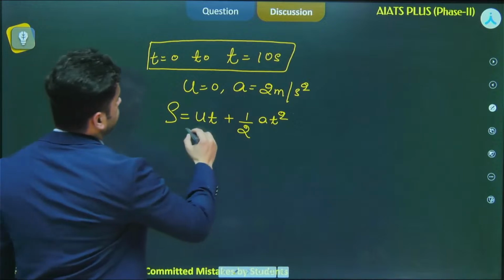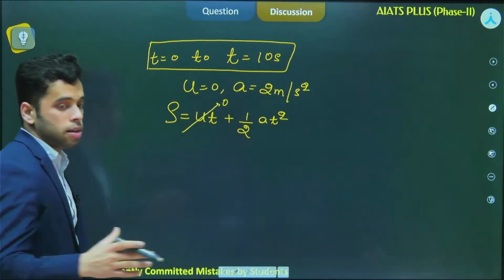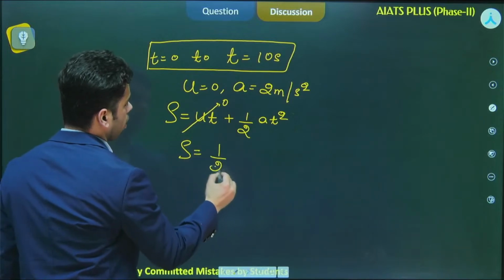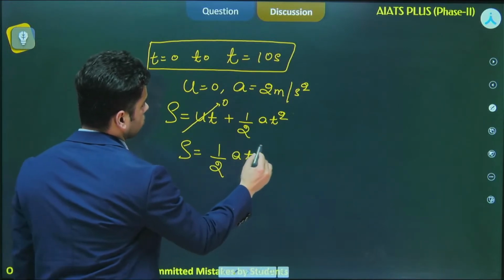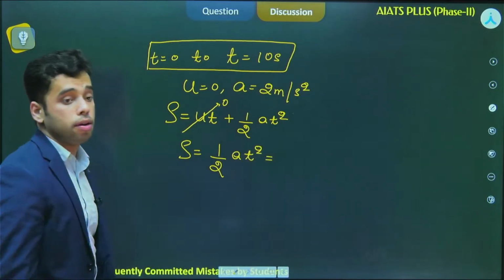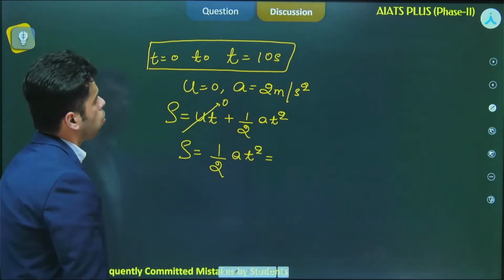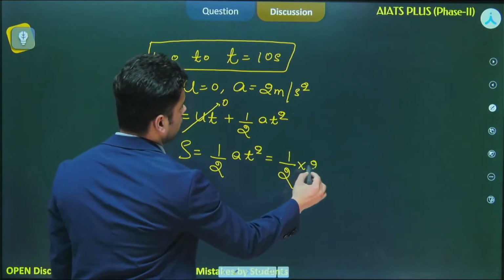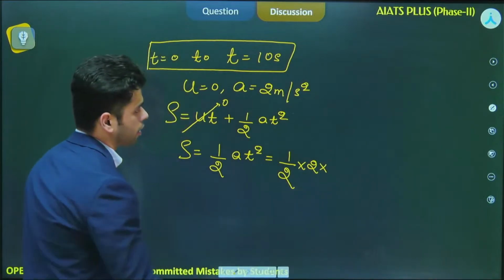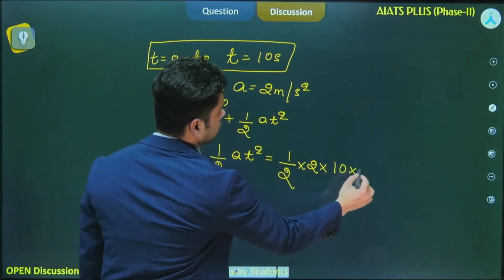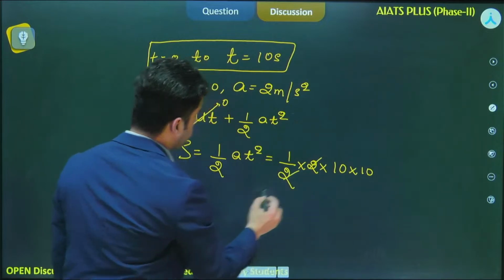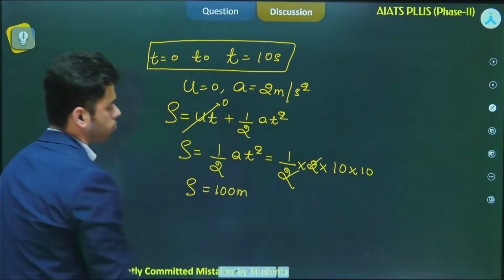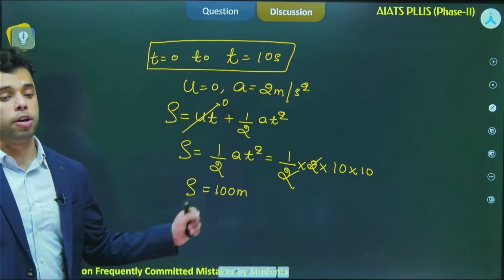I'll put u as 0 because initially the body is starting from rest. So S reduces to half at square. Now you just need to put the values. The uniform acceleration is 2 and time taken is 10 seconds. So 10 into 10, let me cancel this for you. So S is coming out to be equal to 100 meters.